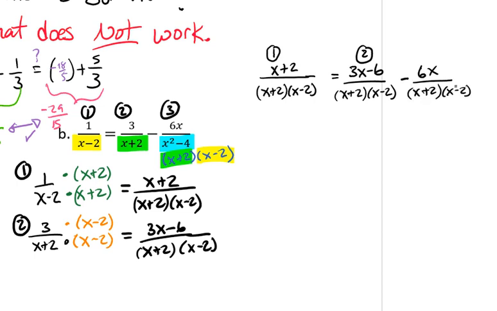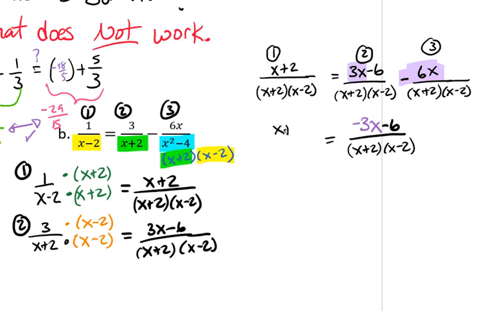And we can combine our like terms here. So we're going to be able to say 3x minus 6x, and that's going to give us a negative 3x minus 6 over x plus 2, x minus 2.